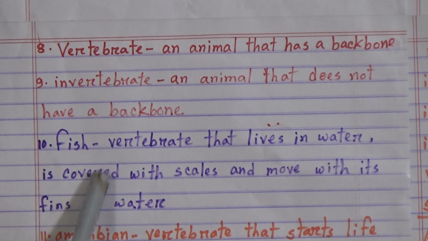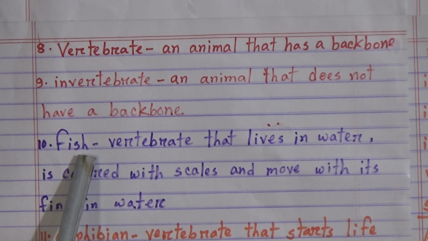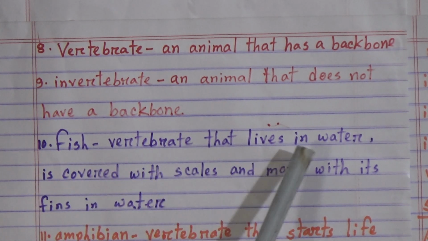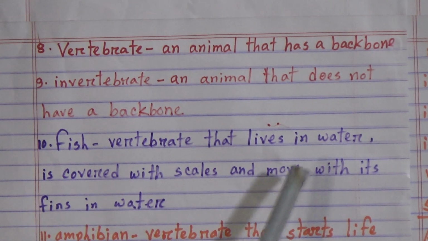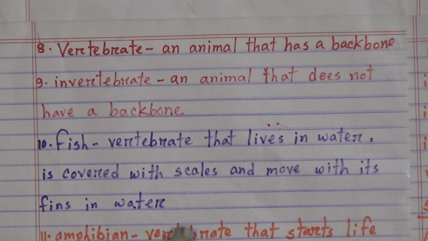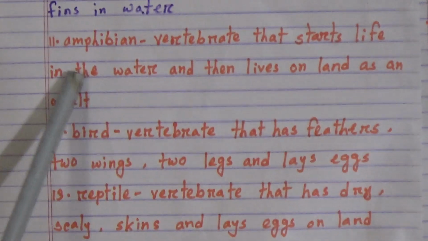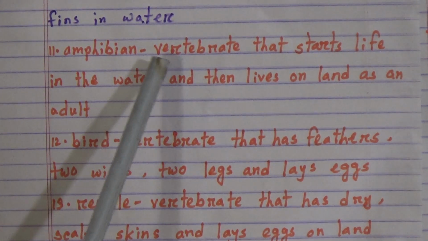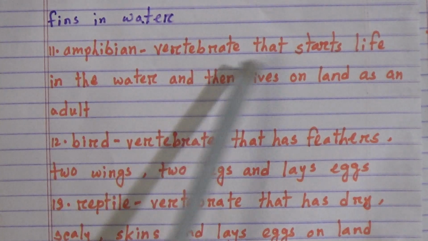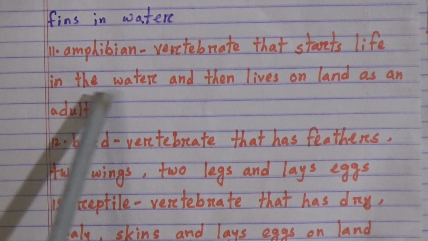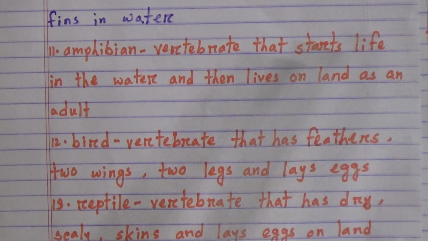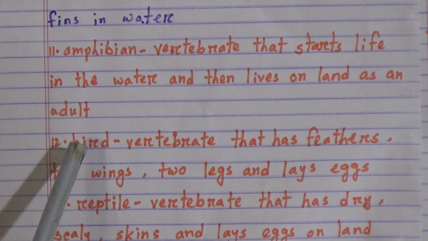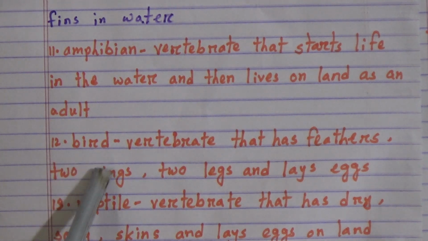Number 10, fish. The meaning of fish is vertebrate that lives in water, is covered with scales and moves with its fins in water. Number 11, amphibian. Amphibian means vertebrate that starts life in the water and then lives on land as an adult. Now come to number 12, bird.